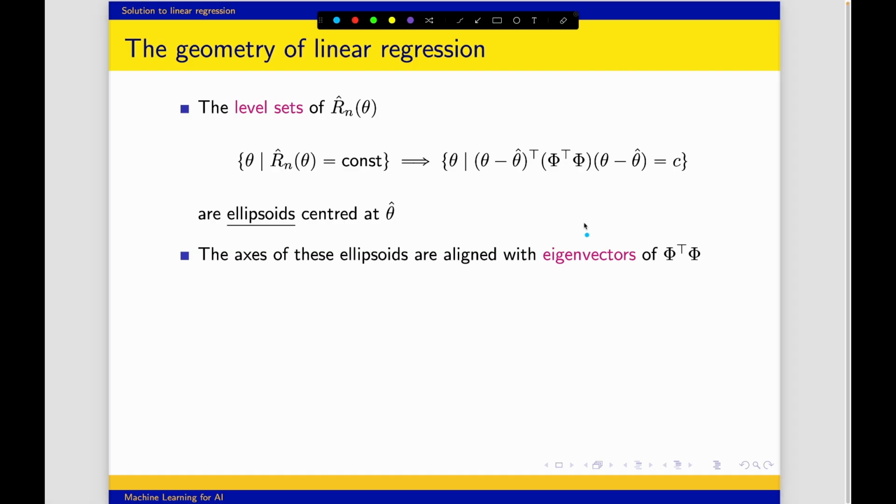So when we saw the 2D case, we saw an ellipsoid like this. The axes are this axis and this perpendicular axis here. This is aligned with one eigenvector, let's call it V1, and this is aligned with the other eigenvector V2 of this matrix, phi transpose phi. Here we're looking at the 2D case, so theta is in R2.